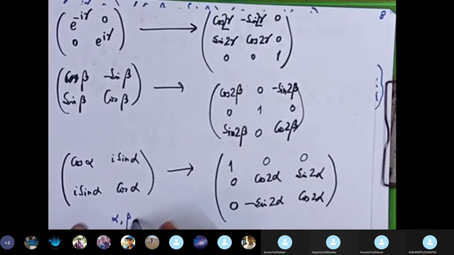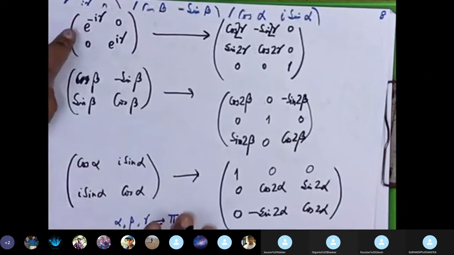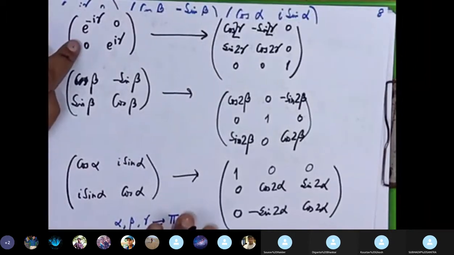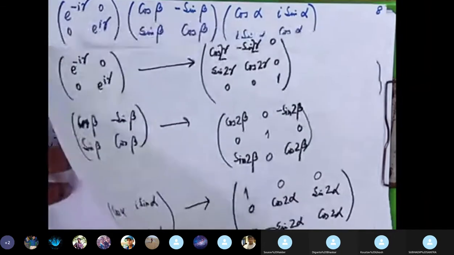If alpha, beta, gamma were all equal to pi, then what is this matrix individually? What is this matrix?